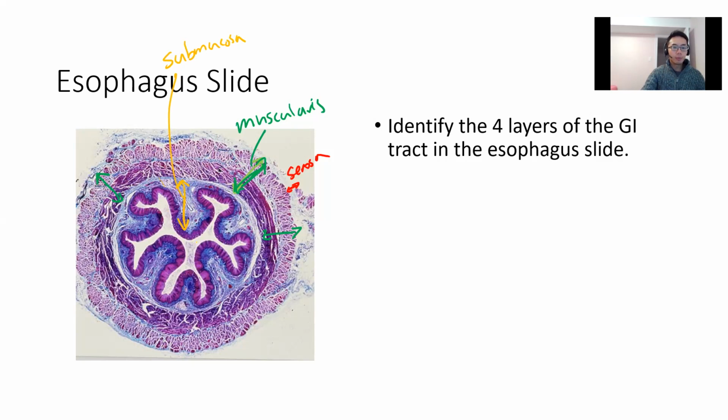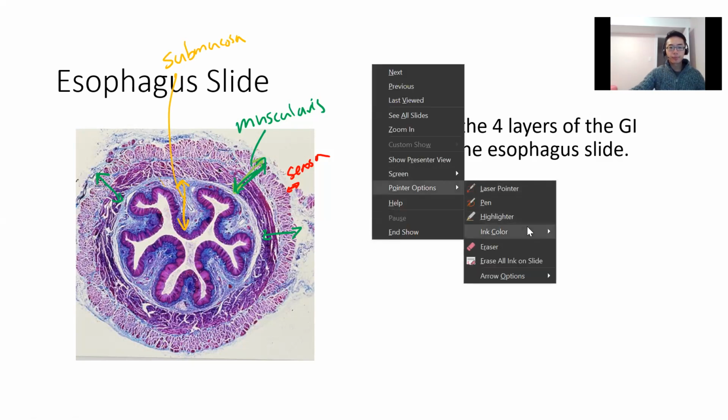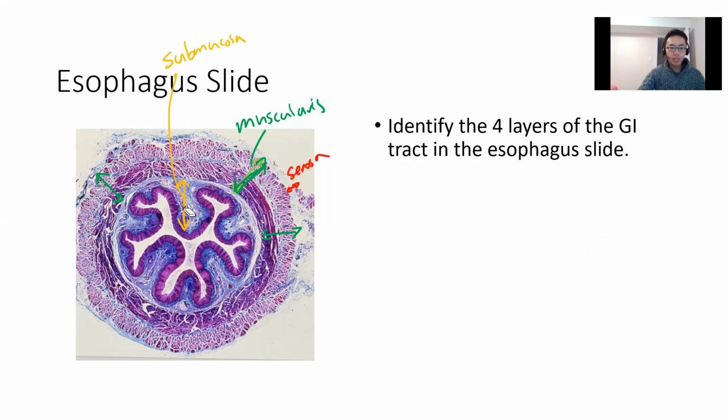And then finally, the mucosa is the innermost layer. Okay, so let me switch back to red right here. This deep purple color layer, that is the mucosa. And the inside here, that's the lumen, right? The inside lumen. That's where the food's going to go.